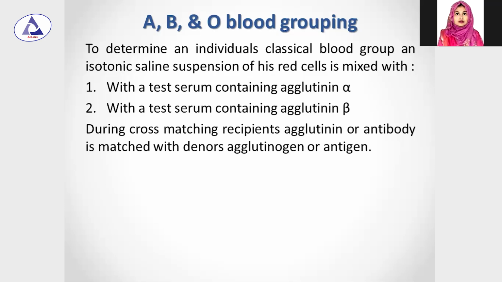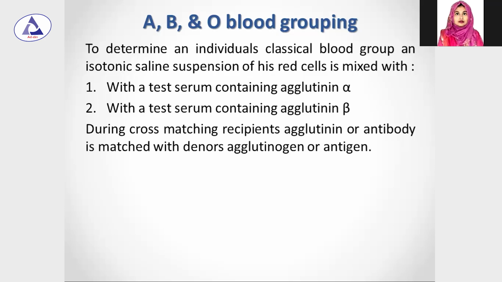If clumping occurs for the test serum containing agglutinin A, then the sample contains agglutinogen A and the blood group will be A. If the blood contains agglutinogen B, then agglutination will occur for the test serum containing agglutinin B. Then the blood group will be B.